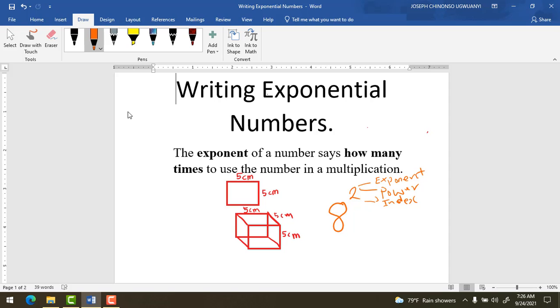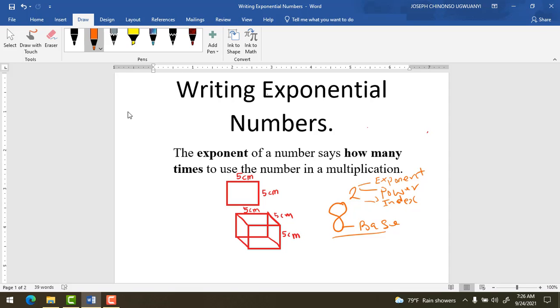While 8 is called the base. So a number written like this is an exponential number.